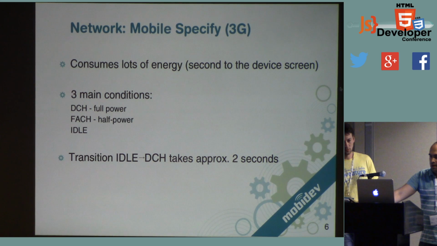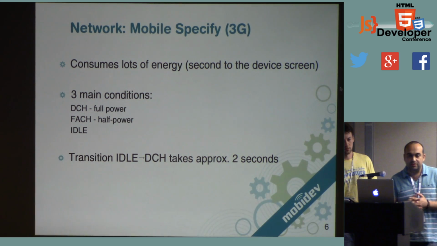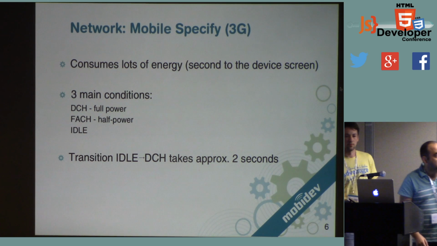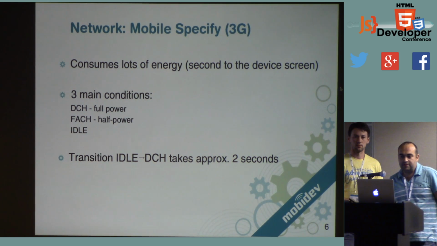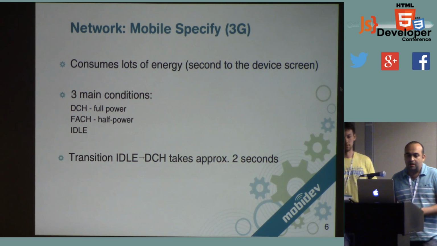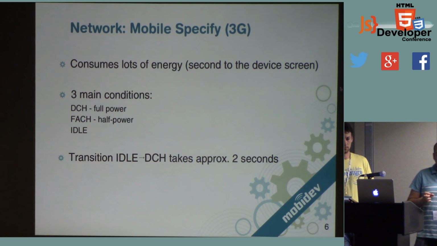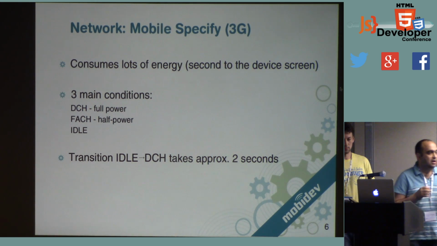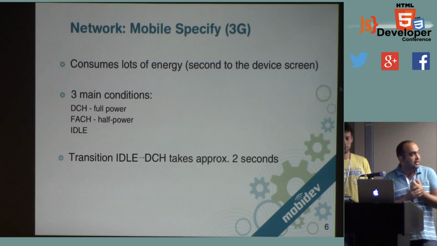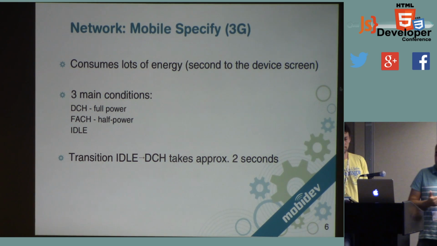What is the specificity of the mobile hardware transmitter in the 3G cellular system? The transmitter in a mobile system consumes lots of energy, and it takes second place after the device screen.